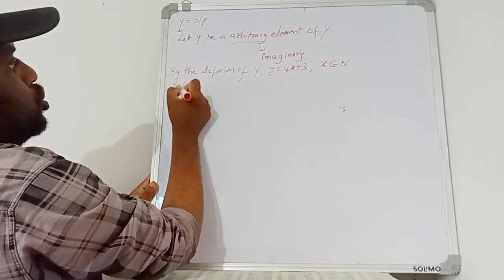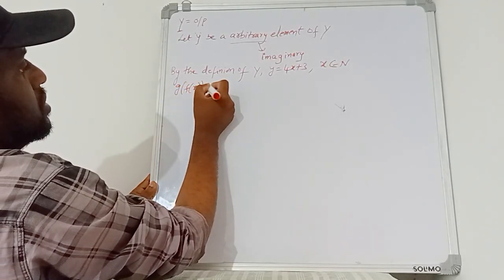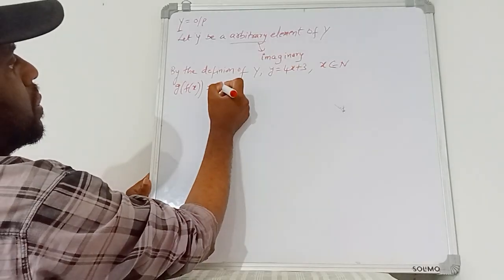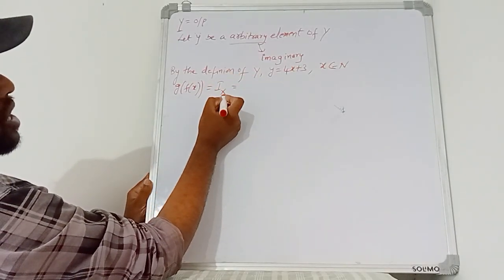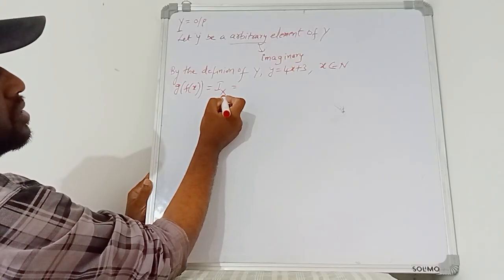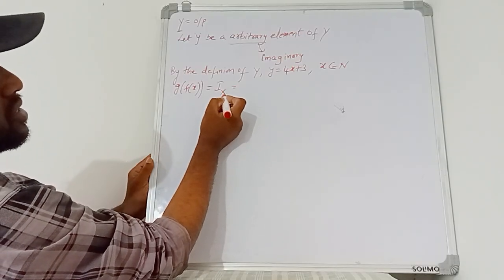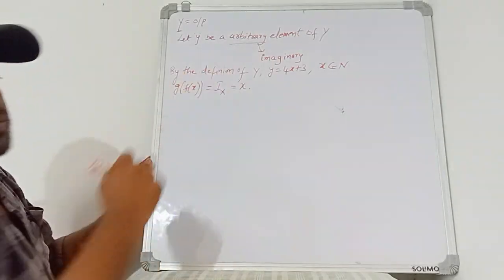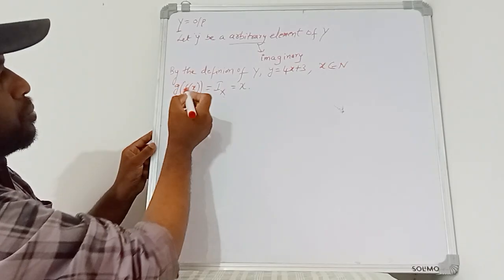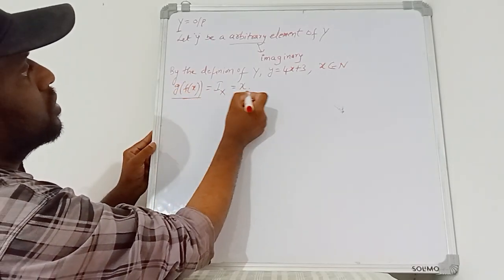Remember, this is called the identity function on capital X, the set of input values, and this will be equal to small x. Now we have to prove this is equal to this.